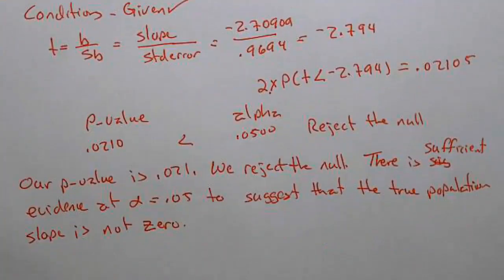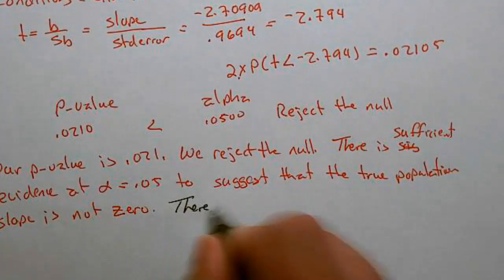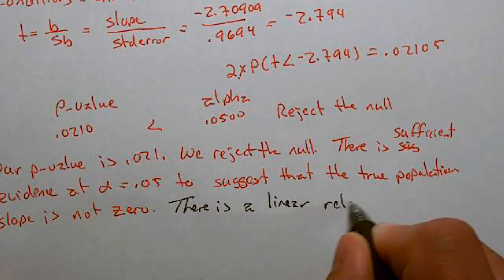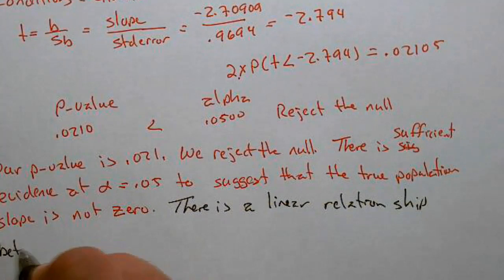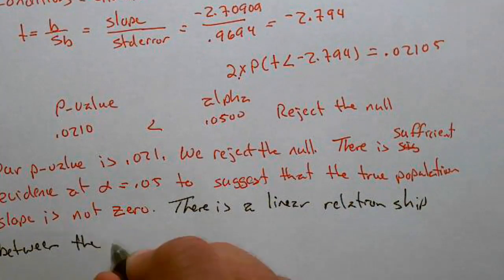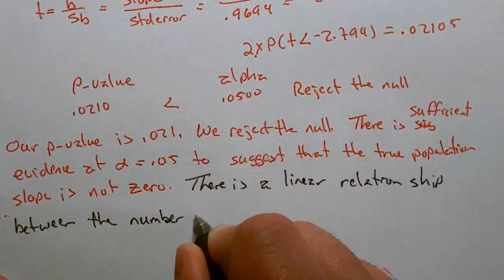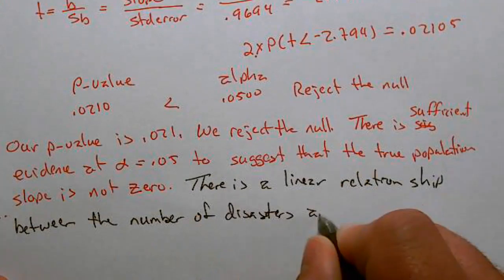All right. Then we need to give our simplified, and we always need to give our simplified conclusion. And our simplified conclusion, I'm going to write in black ink. There is a linear relationship between the number of disasters and profits.